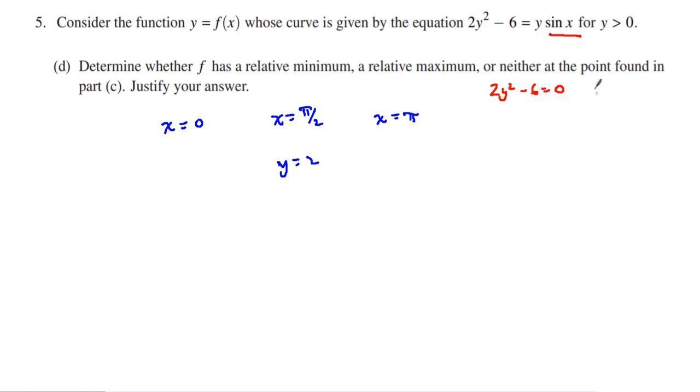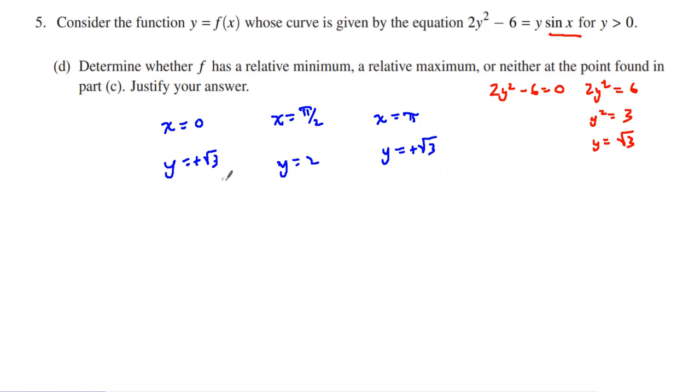If we do a little bit of algebra, we have 2y squared is equal to 6, y squared is equal to 3, y is equal to root 3. It's got to be positive. So y is equal to positive root 3 when we are right here. And we know at pi, sine of pi is equal to 0 as well, which means we're back to y equals positive root 3.